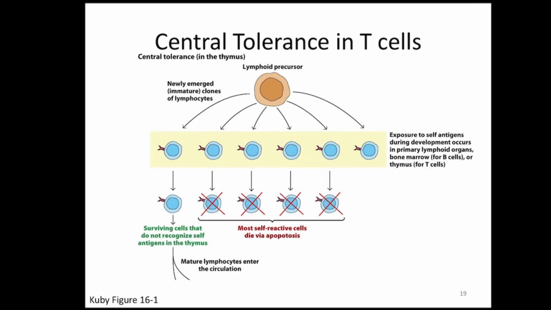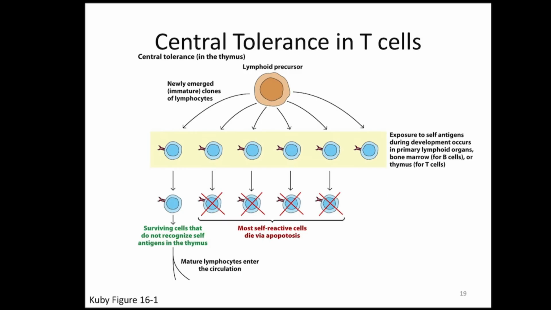And this is because when T cells are doing their testing in the thymus, they actually have to test two things. There are two things we have to figure out if you're a T cell in the thymus. One thing is, am I self-reactive?